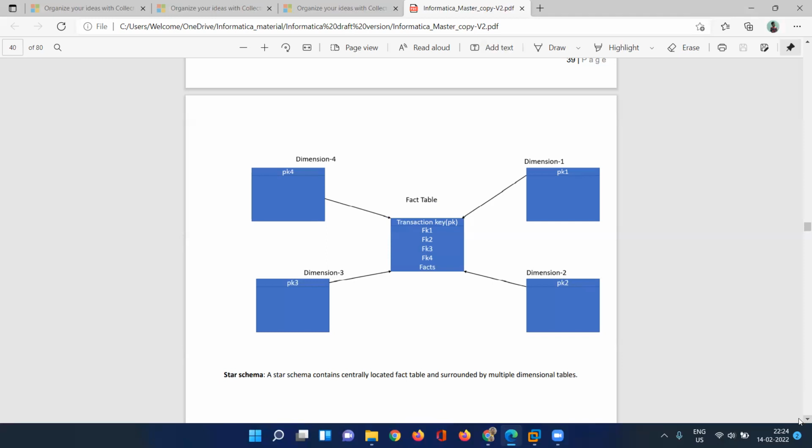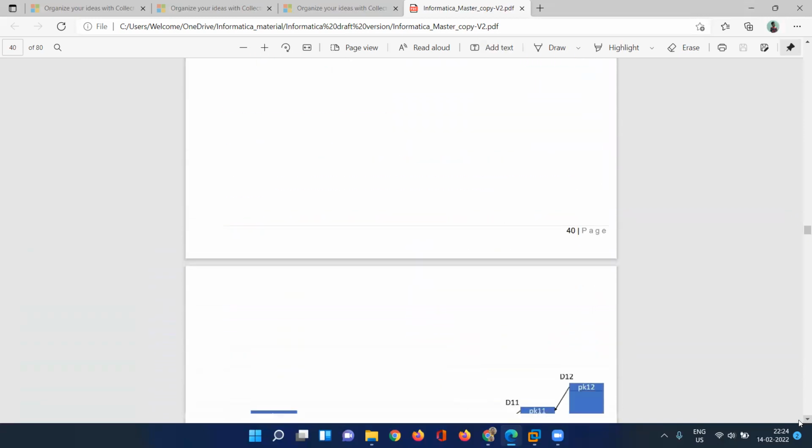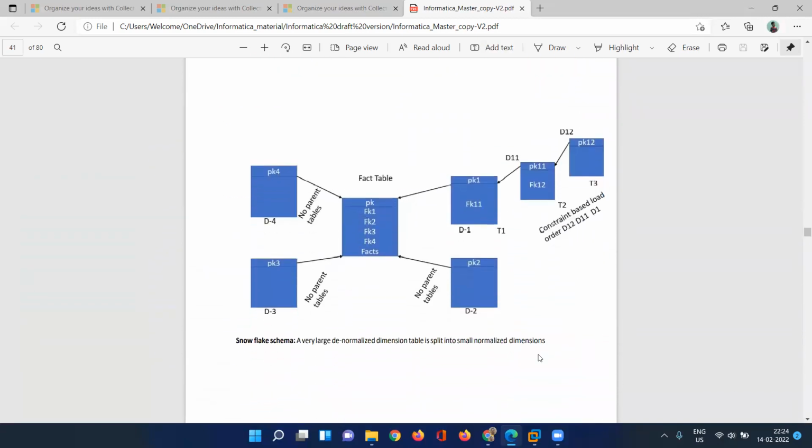Then what is a snowflake schema? A snowflake schema has multiple dimensions, same as our star schema, but in a snowflake, a particular dimension again has a foreign key and primary key relationship with other dimensions.